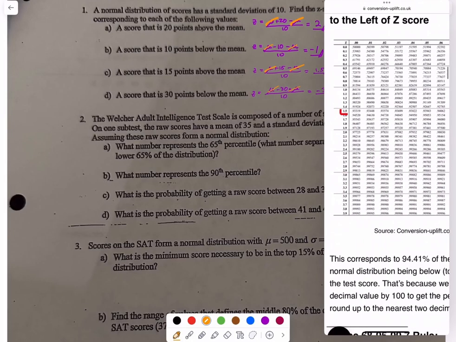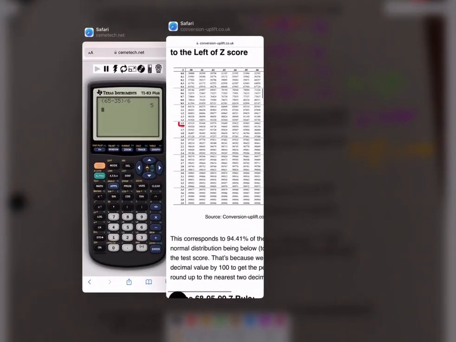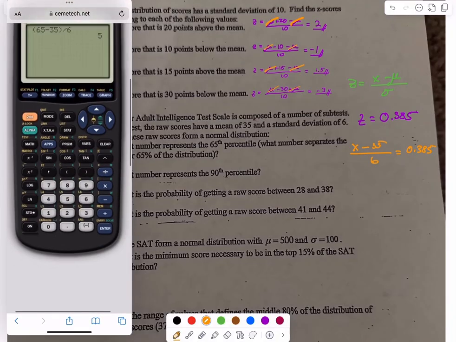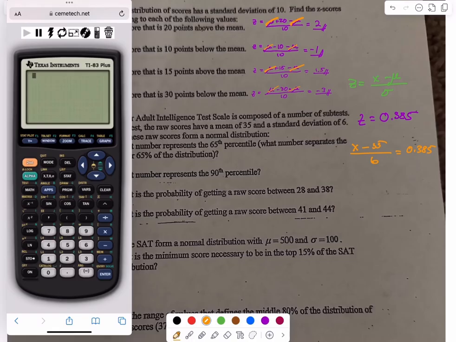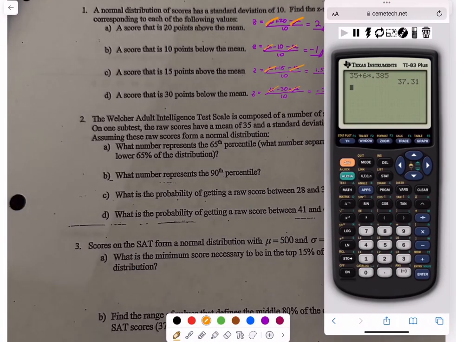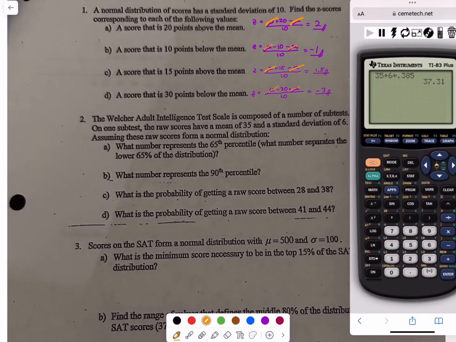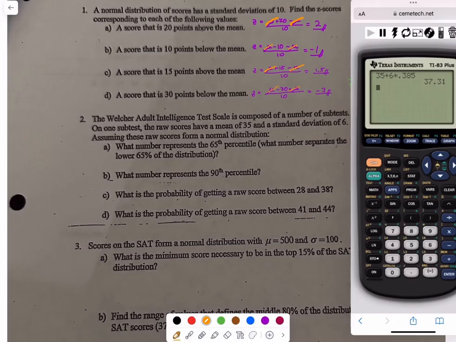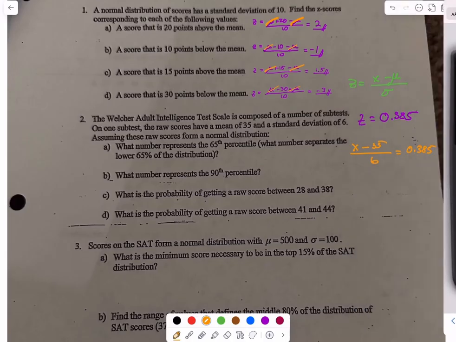So then, okay, now it's coming together. Come on. So then we get a score of 35 plus 6 times 0.385, 37.3? Okay. So what number represents the 65th percentile? We're getting approximately 37.3 as a score.